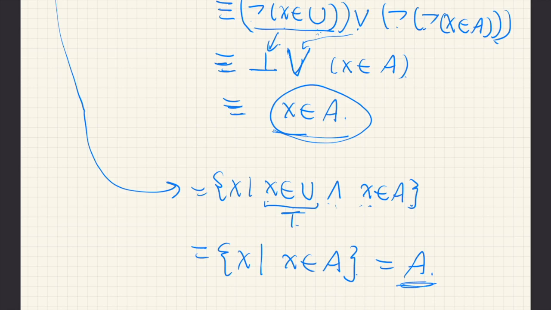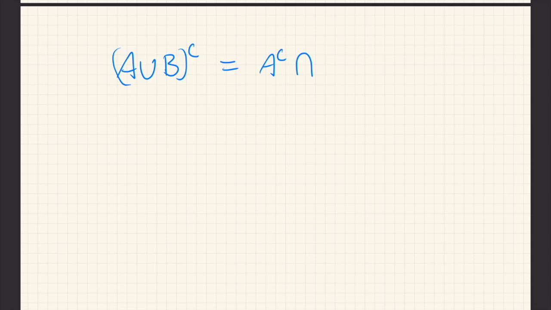As you can see, set complement acts very similarly to logical negation. And in fact, we have the set theoretical version of De Morgan's law as follows. A cup B, if we take the complement of it, then we have A complement cap B complement.